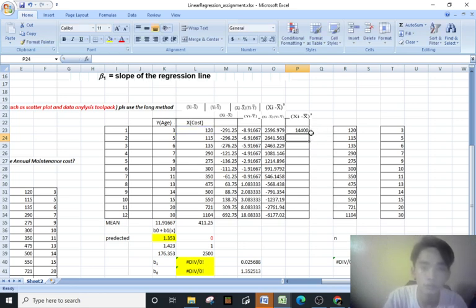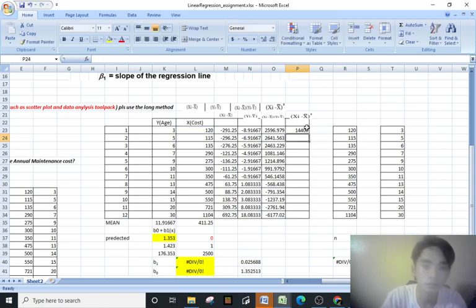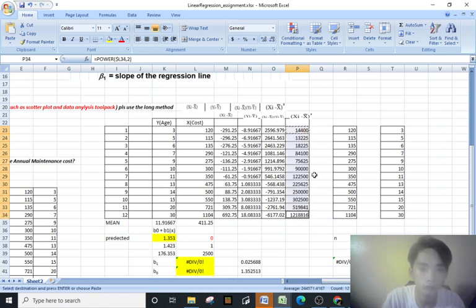It generates 400,000. Don't forget to lock. Copy for the rest. To get the sum, there is automatically a sum over there: auto sum.